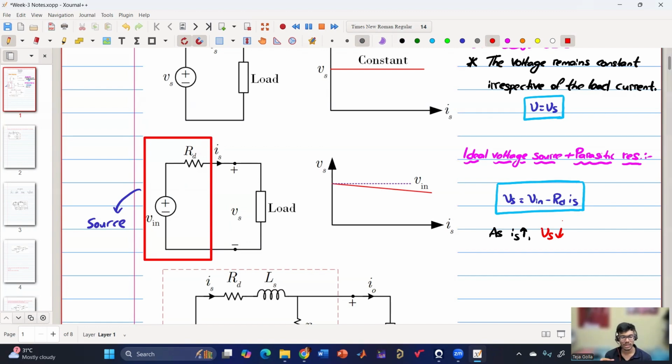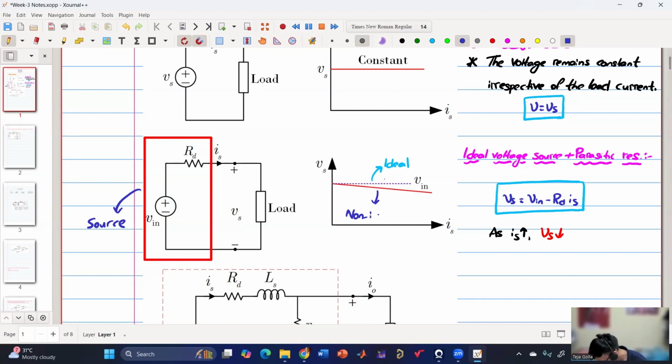So the effective voltage that the load will see depends upon the current that the load is drawing. If the load is drawing so much current, the effective voltage will go down. This dotted line is the ideal case where there is no drop, and this is the non-ideal case.